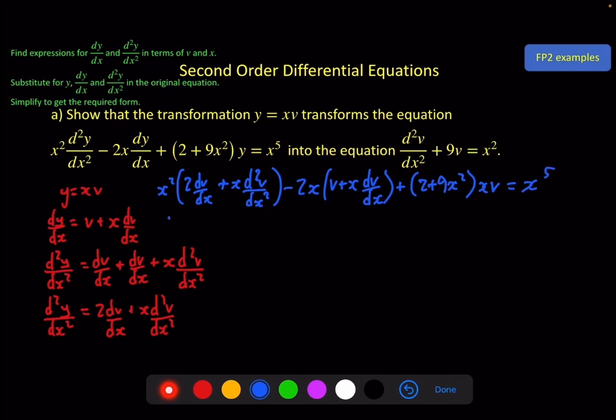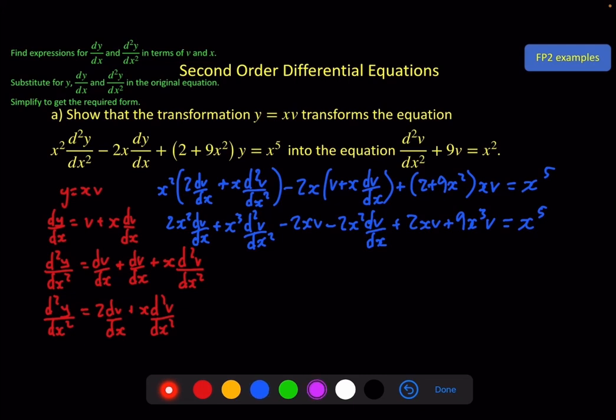Expanding all of those out, 2x squared dv by dx, x cubed, minus 2xv, plus 2xv. Okay.